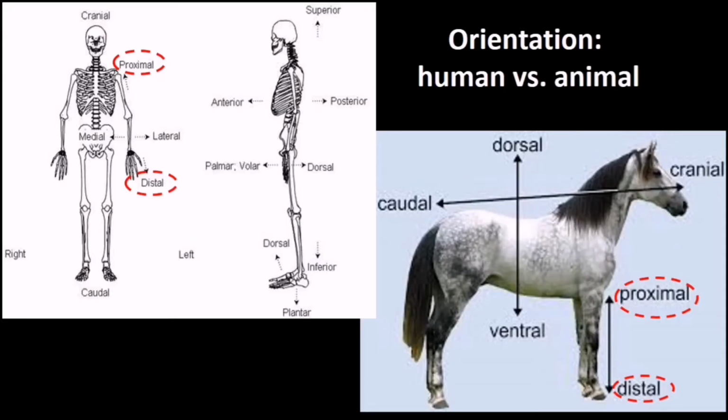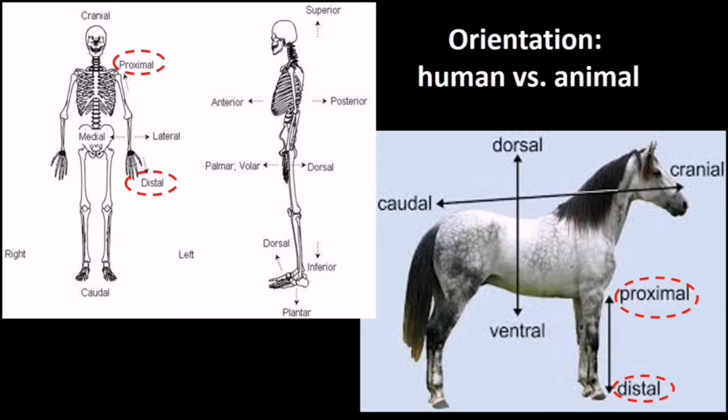Before we start, I need to explain to you the orientation between human and animals. I'll be using this terminology intermittently, the proximal and distal. Proximal is a location that is towards the shoulder, and distal is the opposite.